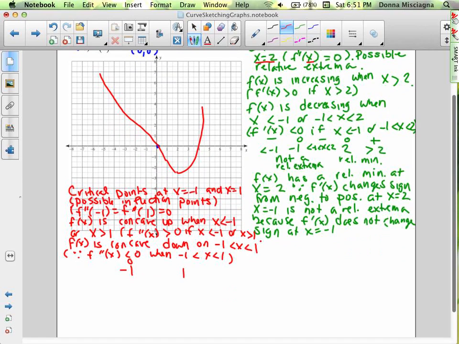So we're going to consider x less than -1, between -1 and 1, and greater than 1.